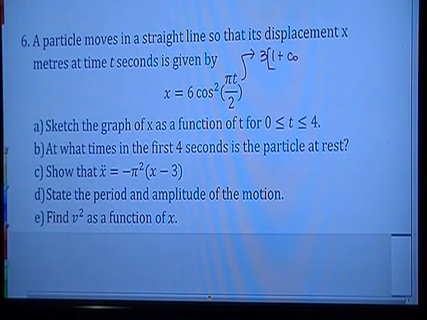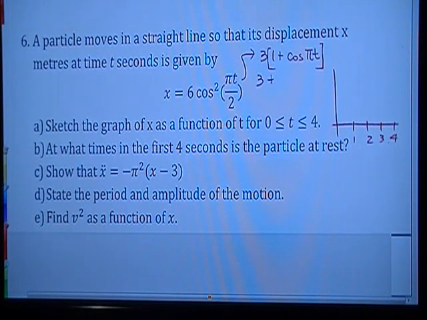And that's going to turn into 3 times 1 plus cos 2 of that, which is just pi t. They want you to sketch it from t is 0 to 4. What actually happens is this gets lifted.